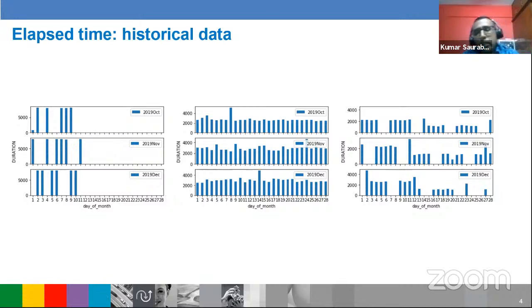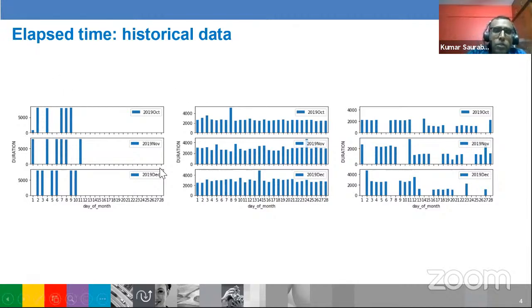If I give that kind of forecast to the IT operations team, they will have a baseline to compare with. When the day has arrived and the job is running, they can compare how much time it's actually taking, and see whether the program is running smoothly or something has gone wrong and they need to do something about it.